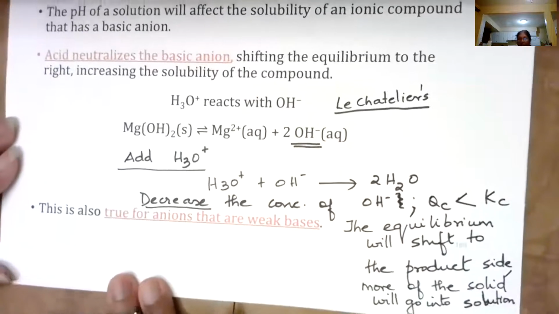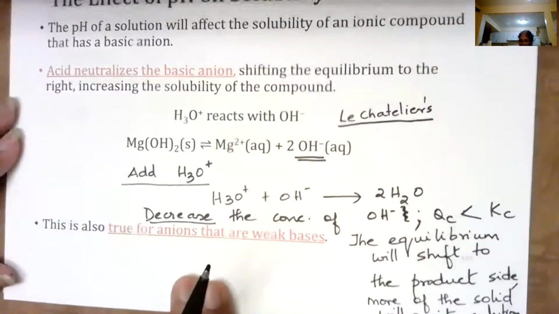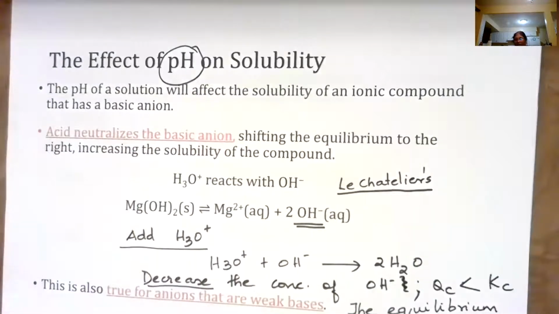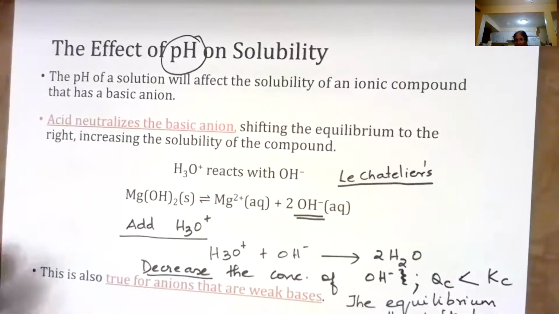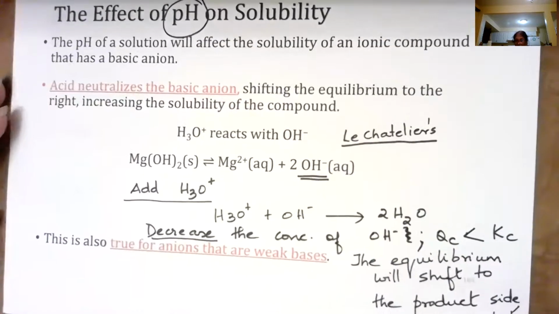Okay, and you saw it shifting from being cloudy to clear, or going from having a lot of solid on the bottom to becoming clear. So here, how is pH affecting the solubility? That's what we're looking at here, not how heat affects the solubility, but how does pH affect the solubility?